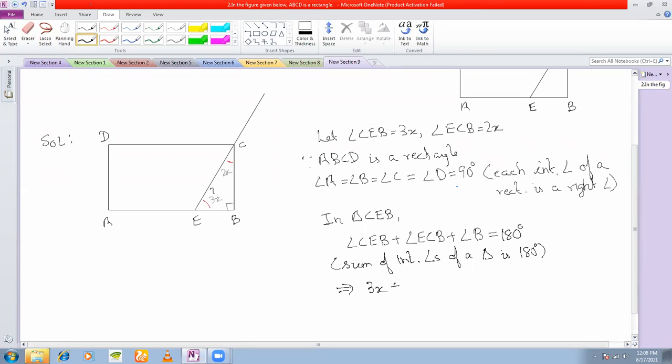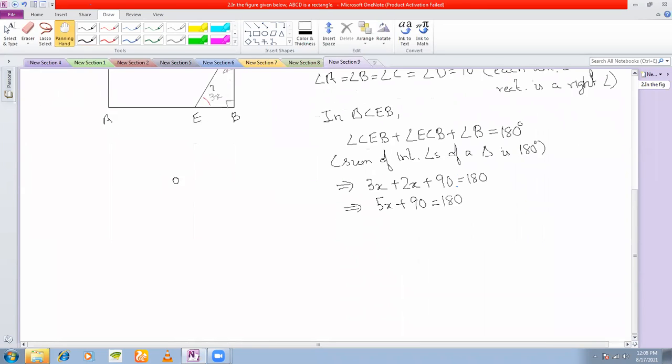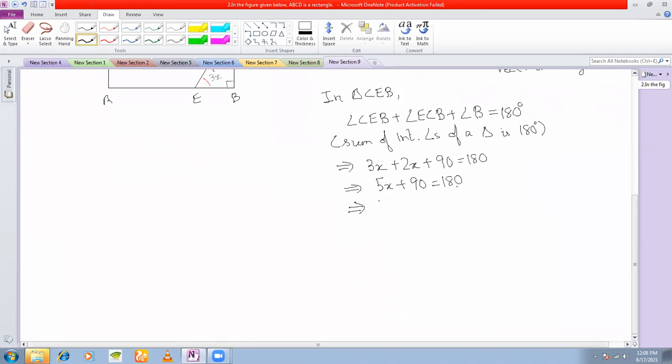CEB is 3x. ECB is 2x. And angle B is 90 degree. That means you get 5x plus 90 is equal to 180. You can find out x from here. x is equal to 18 we are getting.